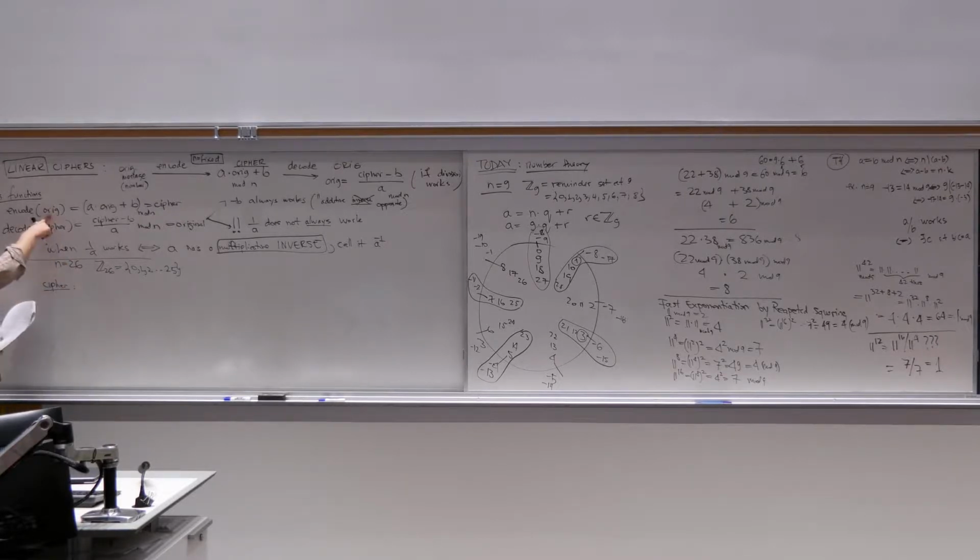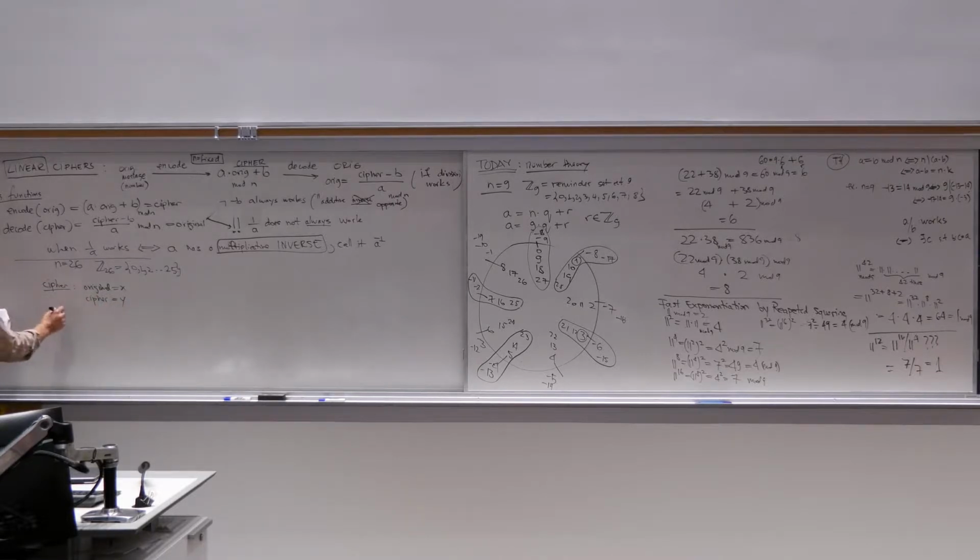Sometimes instead of using the variable original, we call the original x and the cipher y, to make it look more mathematical. That's okay as long as you're very clear who's y and who's x, so you don't get confused whether x is the cipher or the message. Once you are clear, like me here, I'm not going to write cipher and original in equations. I'm just going to say the original is x, the cipher is y.